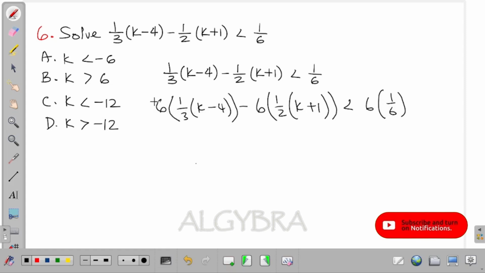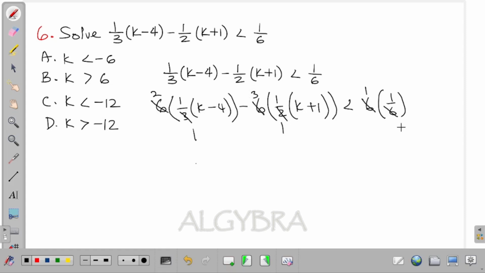Now there are 2 threes in 6, and 3 in 3 is once. There's also 3 twos in 6, and 2 in 2 is once. And 6 in 6 is once.